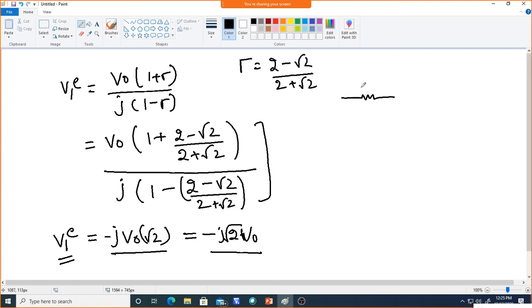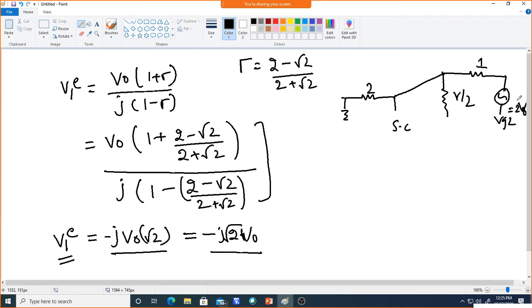In the odd mode, you get the short circuit point here, and the resistance is R by 2, with the same value 1 here, and Vg2 equal to 2V0.